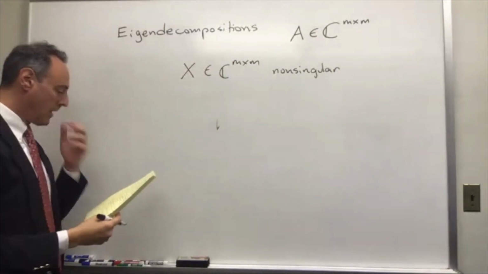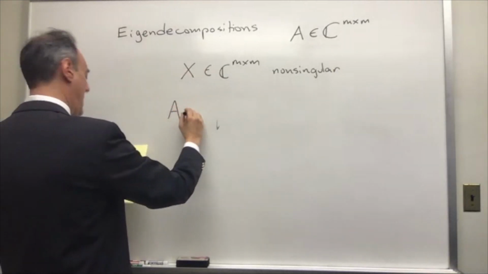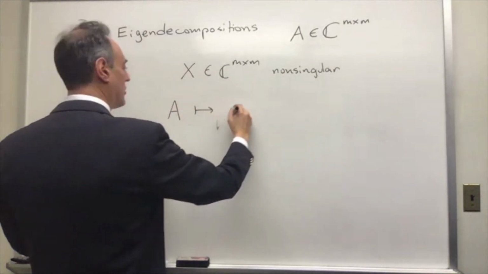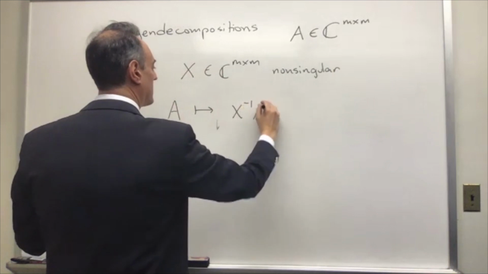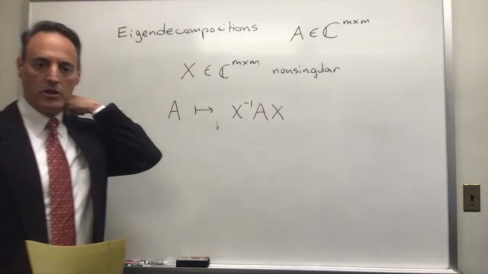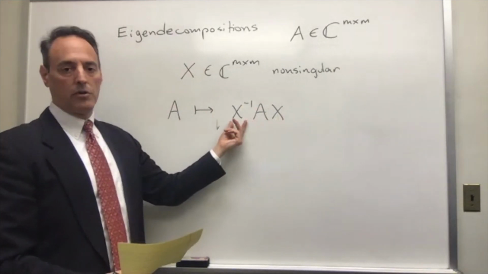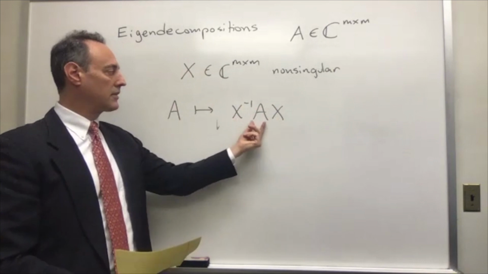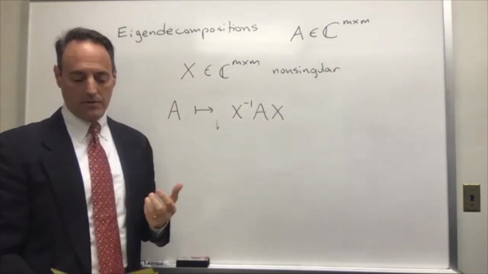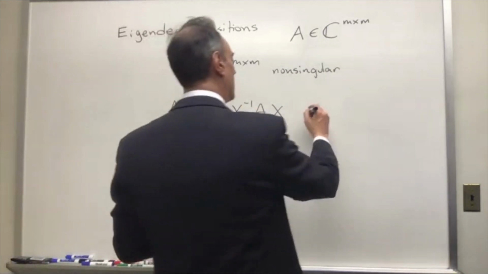Then a similarity transformation is the transformation that takes A and maps it to X inverse A X. So you take A, on the left you multiply by the inverse of the eigenvectors, and on the right by the eigenvectors themselves. So this is called a similarity transformation.